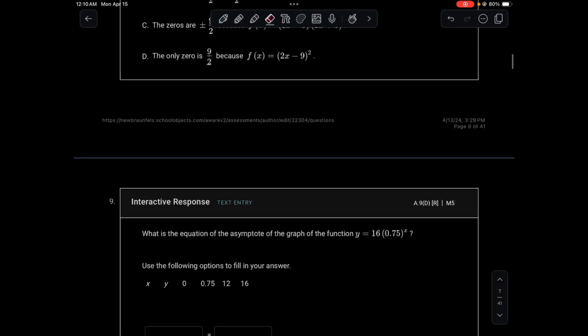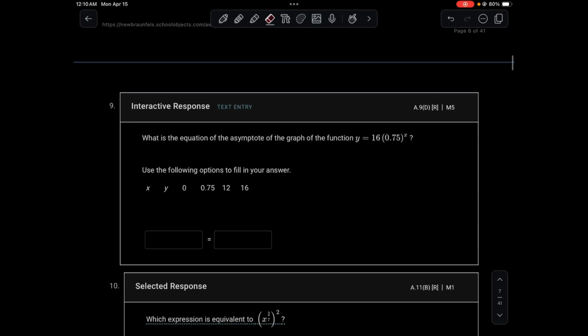Okay, now let's go to the next one. Question 9. What is the equation of the asymptote of the graph of this function? This is an exponential, and it has this form: y equals a times b to the x.